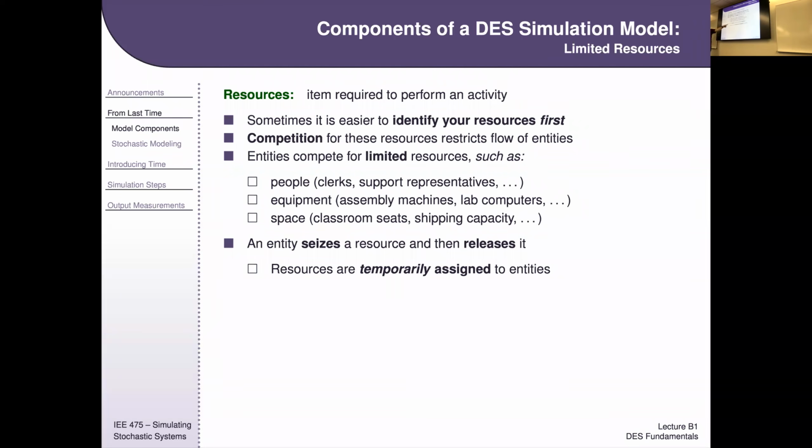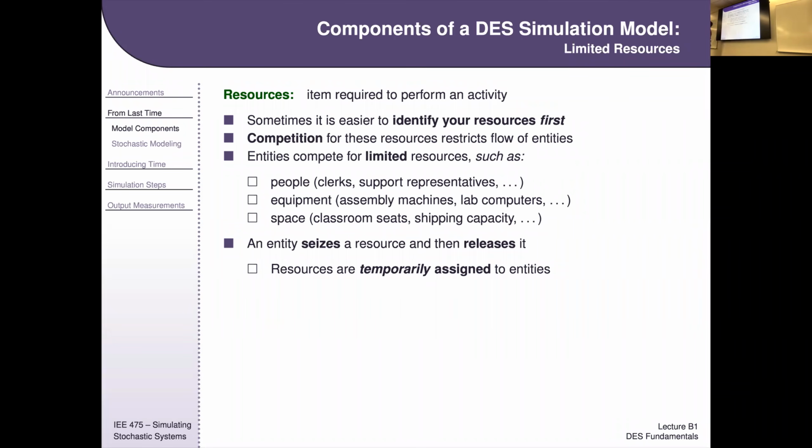An entity, we often say, will seize a resource and then release it. If you're going up to a cashier, a clerk in a store, you temporarily have sole access to that cashier. You seize that cashier. That cashier belongs to you for the short period of time you're with them. Once the cashier is done with you, you release that cashier and the cashier becomes available for the next person. That's what we mean by seizing and releasing.